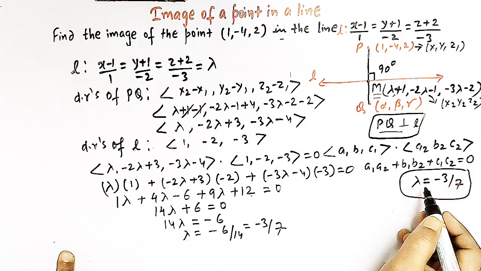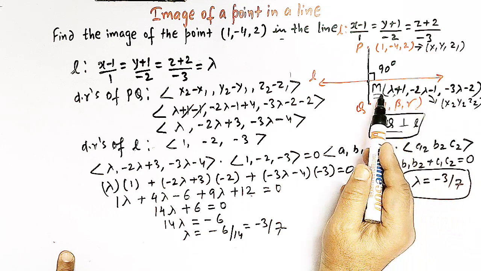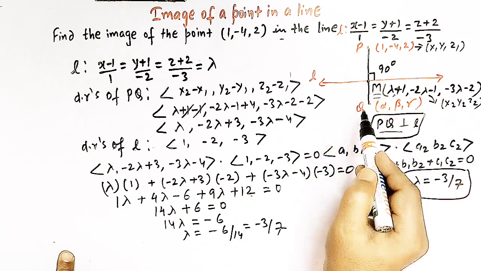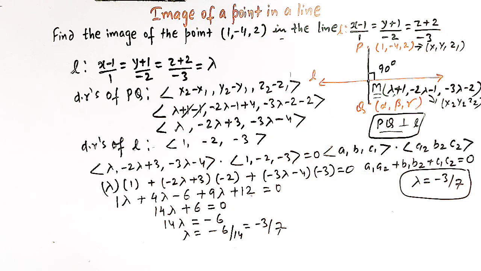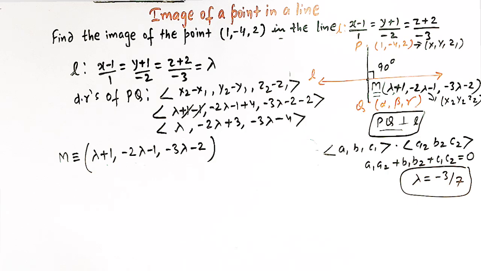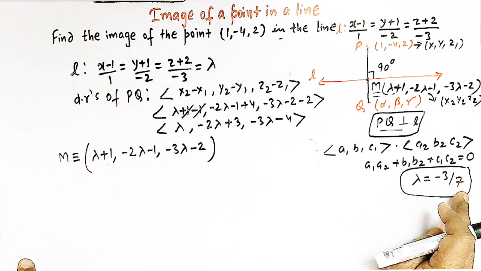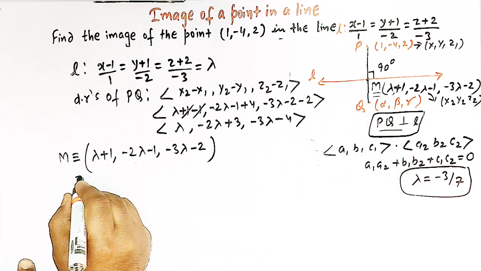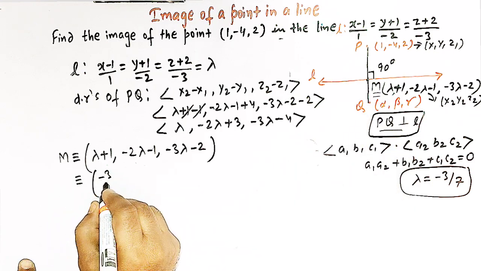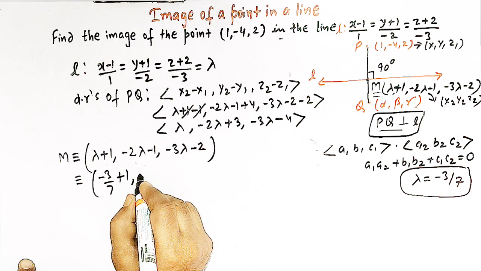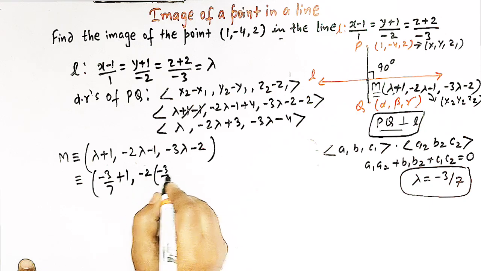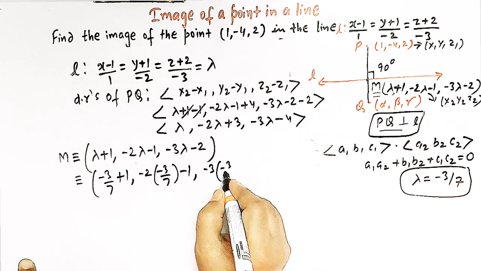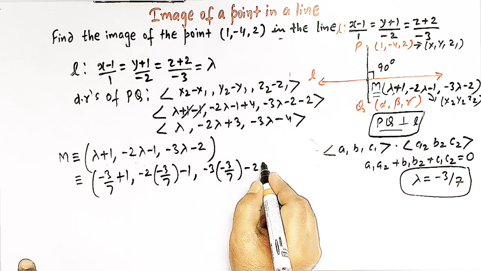So let us substitute this value of lambda in the coordinates of this point M, which is the midpoint of PQ. So taking lambda equal to minus 3 over 7 in the coordinates of this point M, we have minus 3 over 7 plus 1, then minus 2 times minus 3 over 7 minus 1, and minus 3 times minus 3 over 7 minus 2.